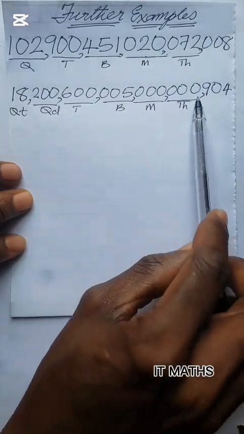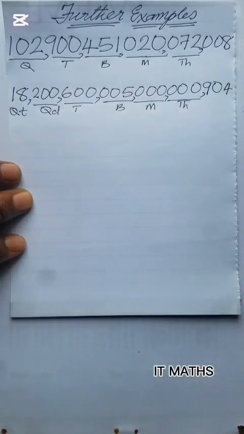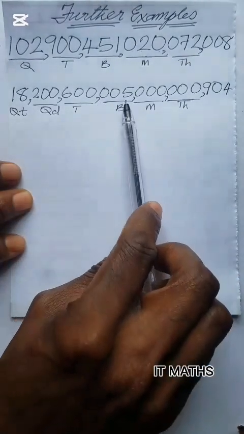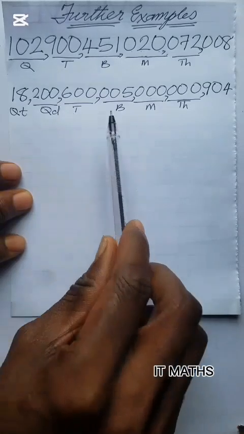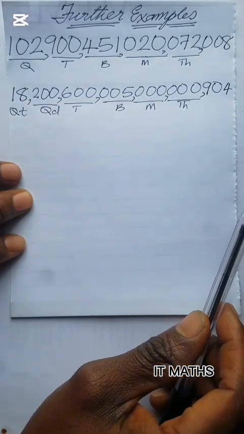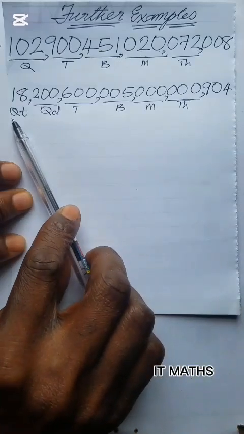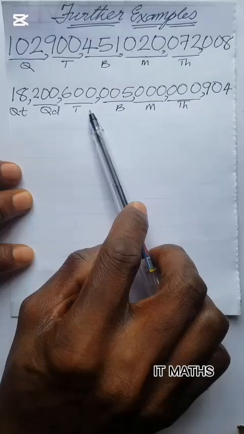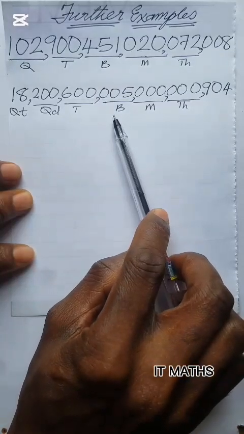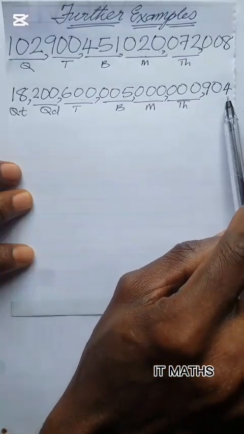There was no hundreds, tens and unit, so 1,000 completely disappeared. But a billion at least had a unit, so we read 5 billion. Do you understand? Okay, so we go again. 18 quintillion, 200 quadrillion, 600 trillion, 5 billion, 904.